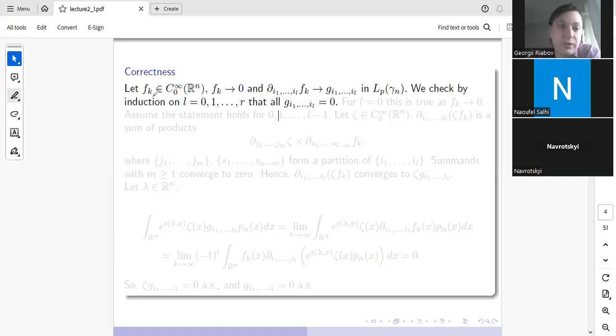So this means that assume we have a sequence of infinitely differentiable functions that converge to zero, and their partial derivatives have some limits in LP. What we must check is that all these limits are also zero.